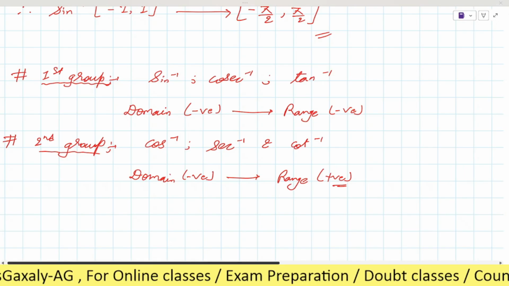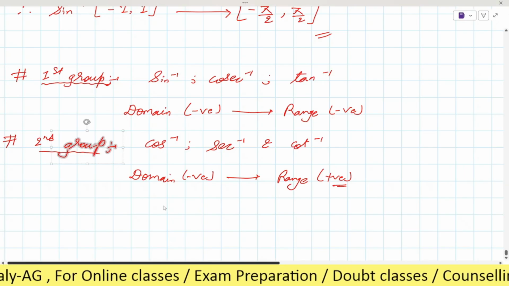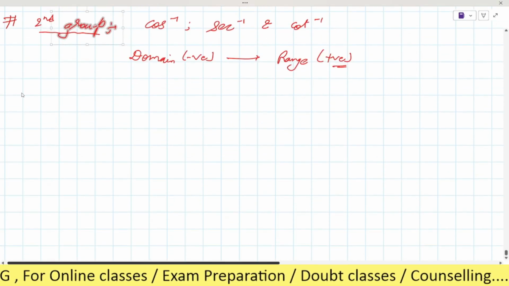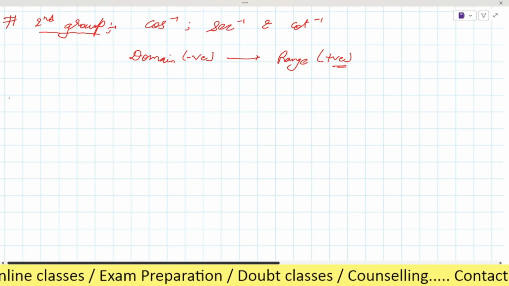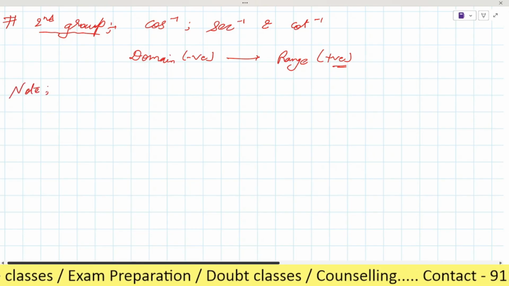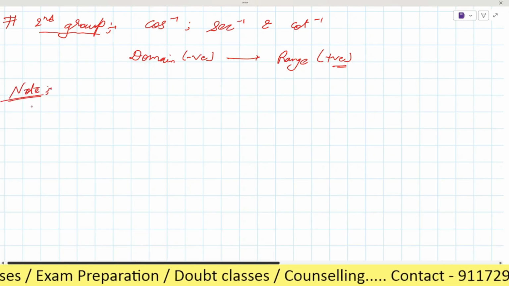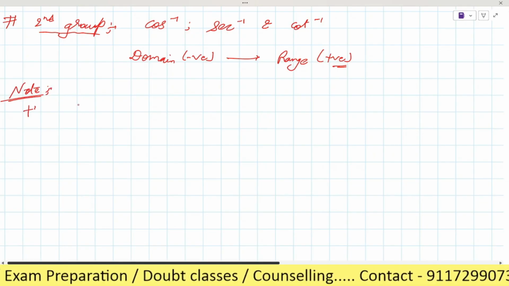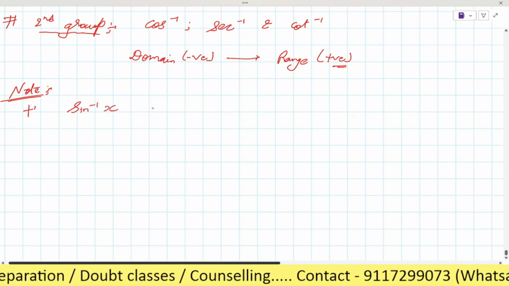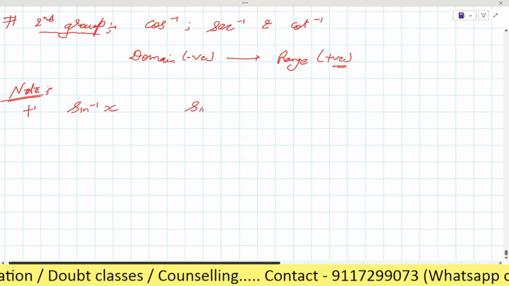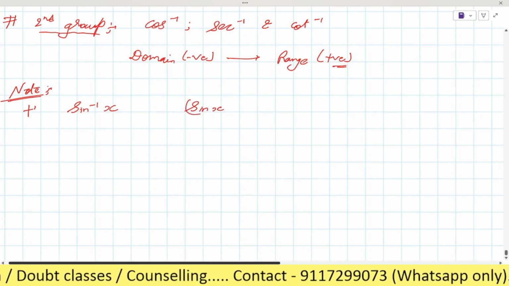Before going to the question there are some points which you have to keep in mind. The first one is, they are just for understanding, okay. Sine inverse x, and the other one is sin x inverse.